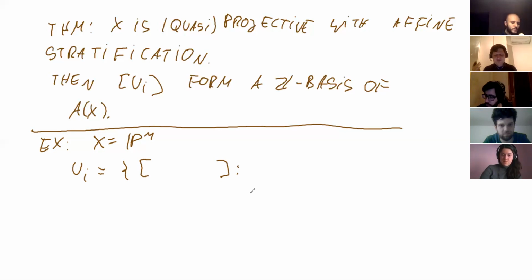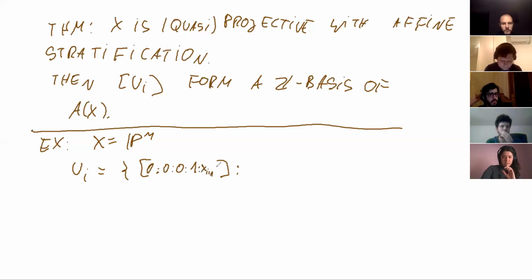Well, the important thing is that every point in a projective space has a first coordinate that is non-zero, because it has to have some coordinate. So there are a few that are 0, and then there is one that is non-zero, and then whatever: x_{i+1} up to x_n.